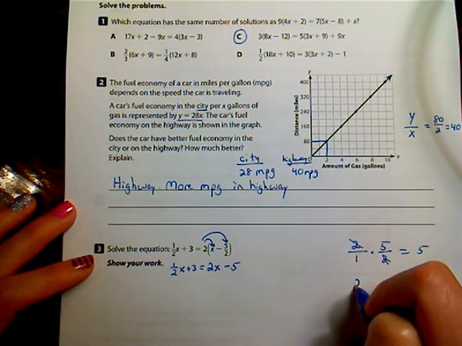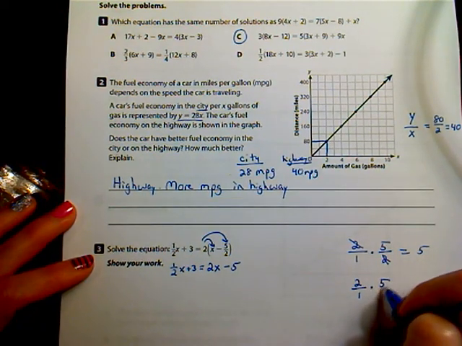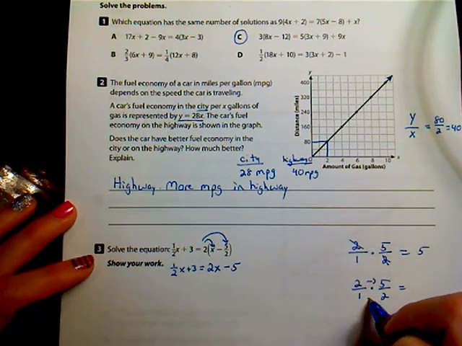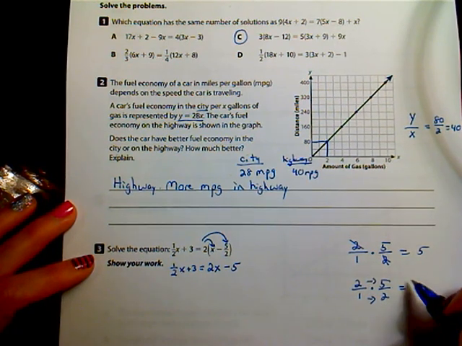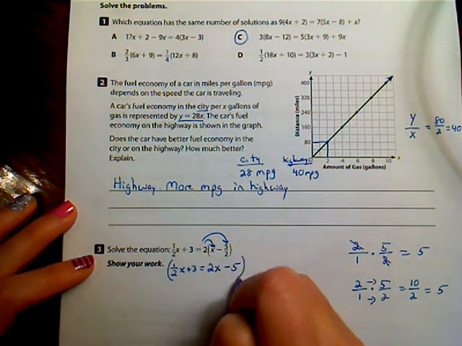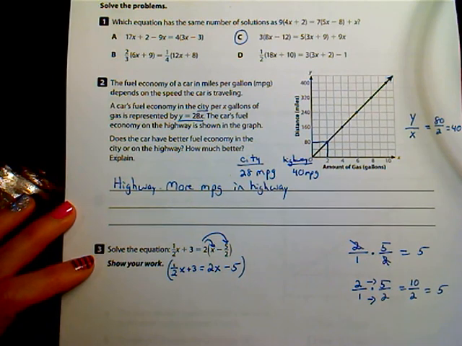Another way to think about it is 2 over 1 times 5 over 2. Without cross canceling, you would just multiply straight across. 2 times 5 would give you 10. 1 times 2 would give you 2. And 2 goes into 10 5 times, so you still get the same thing. Now what you can do is clear out the equation with your fraction.